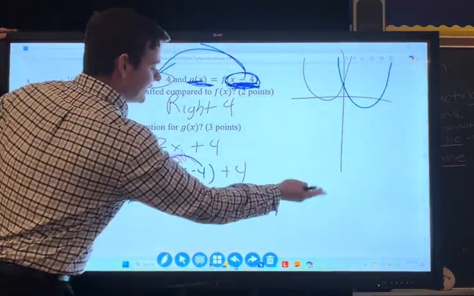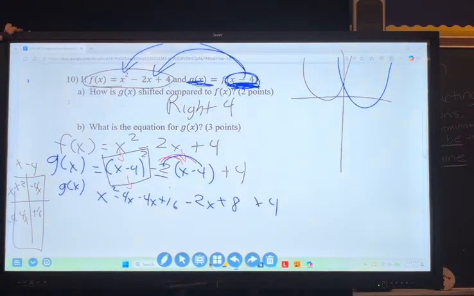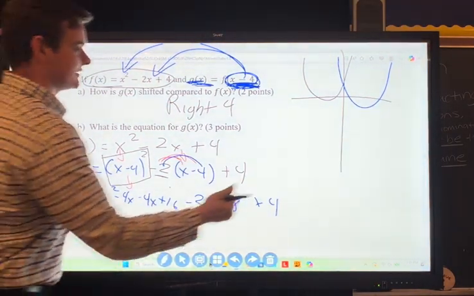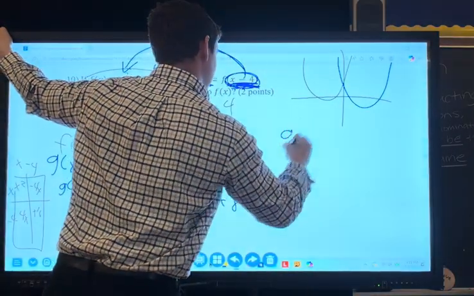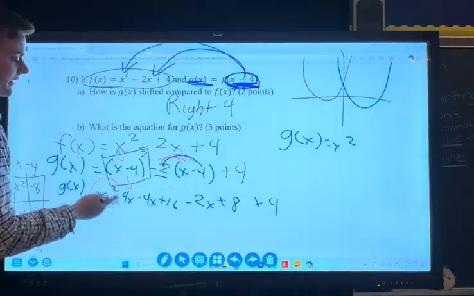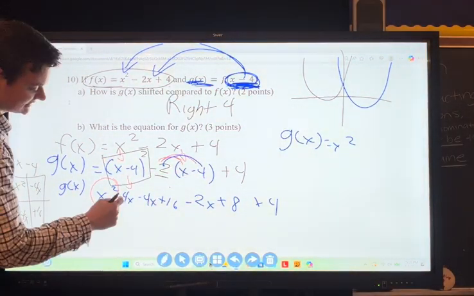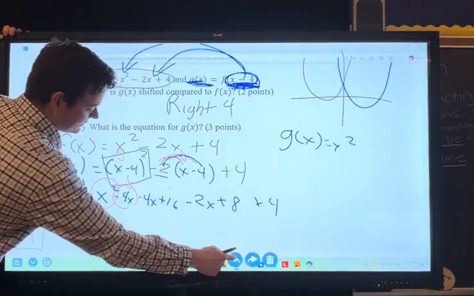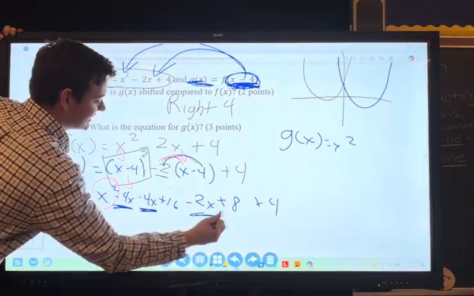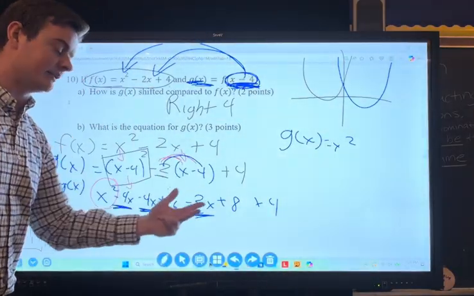I have this big row of craziness, but I'm just gonna look to combine like terms. I'm gonna rewrite my final answer over here once I have it. G of x equals, I know it's gonna be x squared, because there's no like term with it. I'm now gonna do the x's. Let me underline in blue. -4x, -4x, -2x.